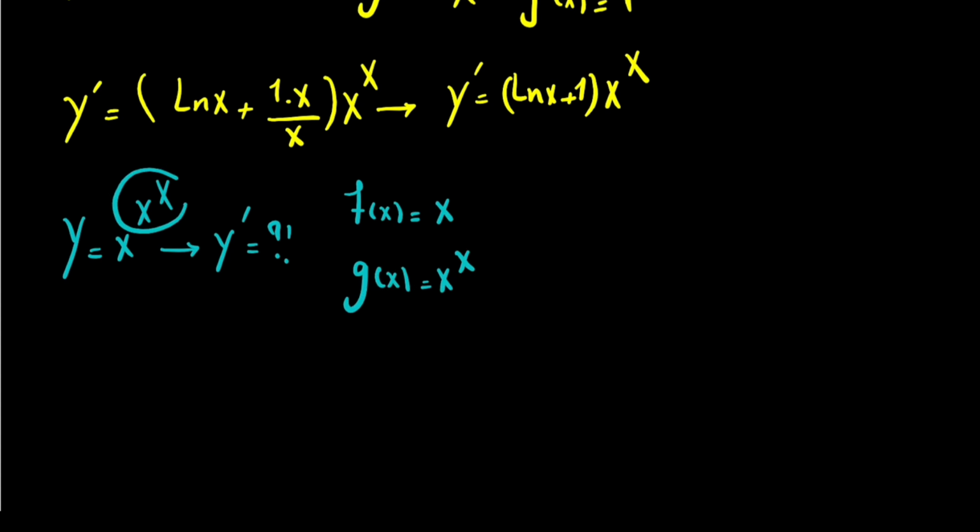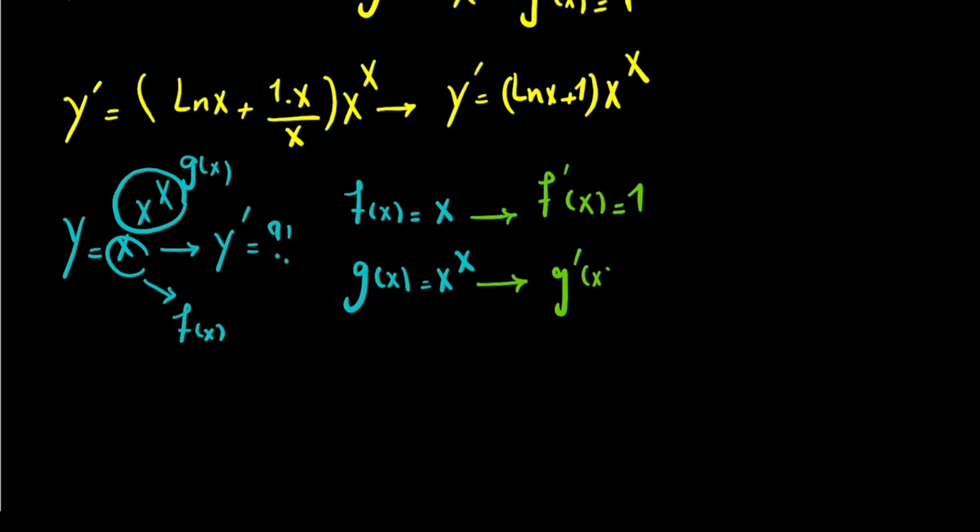I mean this one is g(x) and this one is f(x). If you take the derivative of x, f prime(x) again equals 1, and if you take the derivative of g, I mean g prime(x), I told you this one is correct, that's equal to ln x plus 1 times x to the power of x.